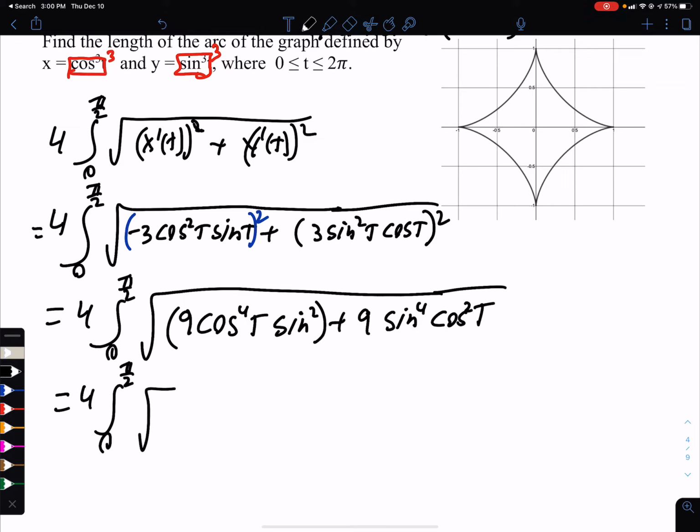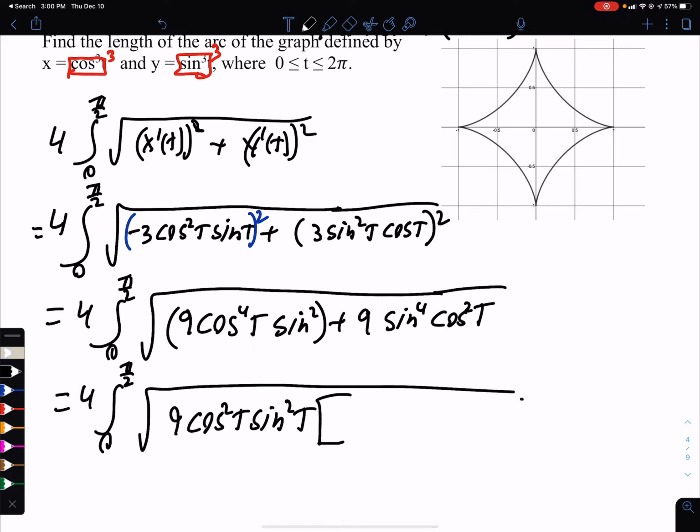So I'm going to take out 9 cosine squared sine squared. And what's left over? Well, if I take the 9 out, I take 2 of those out, and all of that out, I'm left with cosine squared. And if I take the 9 out, and I take the cosine squared out, and 2 of the sines, I'm left with sine squared.